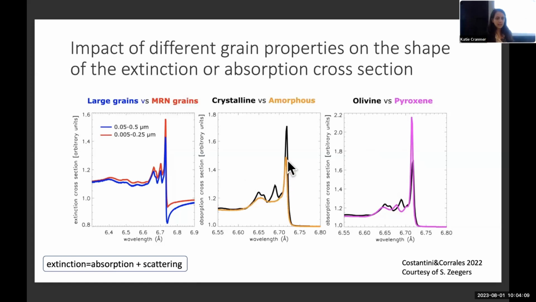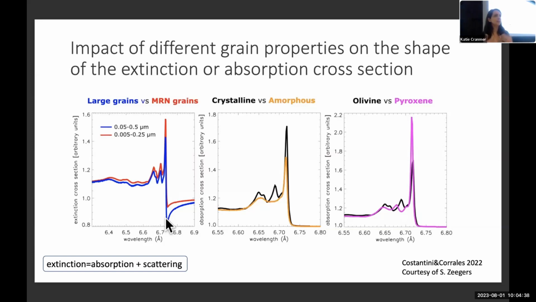As we see here in the orange line, when the lattice structure gets disordered, the absorption cross-section profile gets smoothed out. And here in the first panel, we have the extinction cross-section, compared to the previous ones that I showed, the absorption cross-section, where two different size distributions have been taken into account. So in the blue one, we have larger grains, and the scattering component of extinction becomes larger.